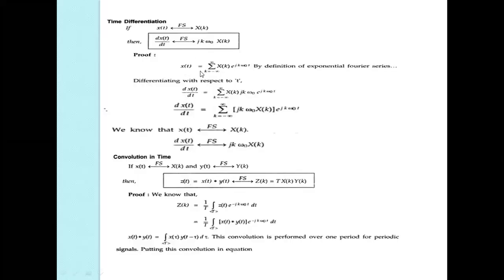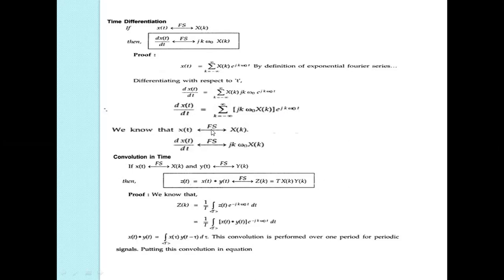Now coming to what they are saying here. By the synthesis equation, or by the definition of the exponential Fourier series, apply the derivative on both sides: d by dt of x of t equals the sum of k equal to minus infinity to infinity of x of k, and after applying the derivative, j k omega naught e power j k omega naught t. Rewrite this expression as dx of t by dt equal to the sum of k equal to minus infinity to infinity of j k omega naught x of k e power j k omega naught t.